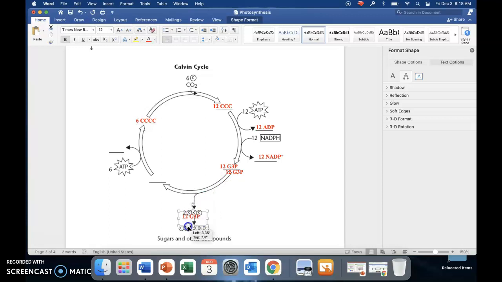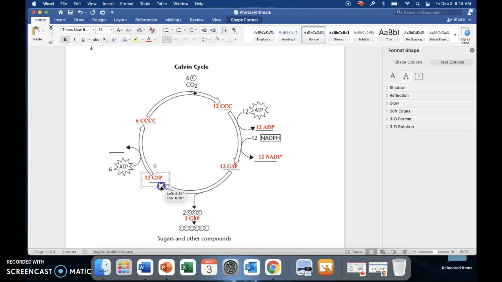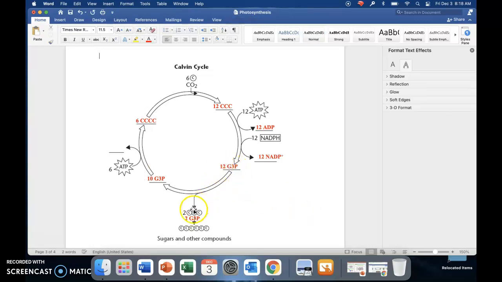They didn't have you label this, but I just want to move this down here so you understand that 2 of them go right here. So this is your G3P. The remaining 10 cycle back around. Of these 12 produced, 2 are going to go into making sugars, and 10 of them are going to go into remaking the RuBP. Now, this does require some energy.